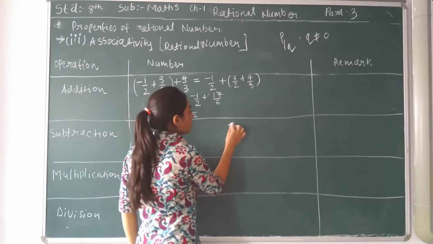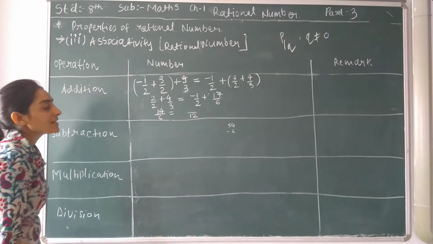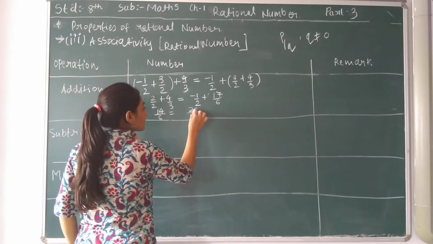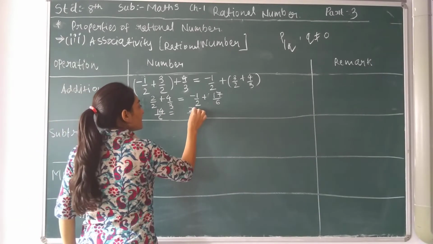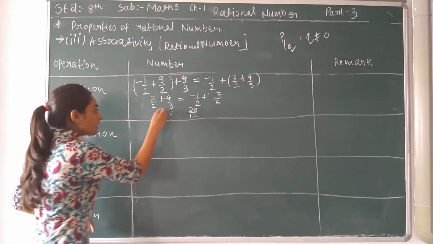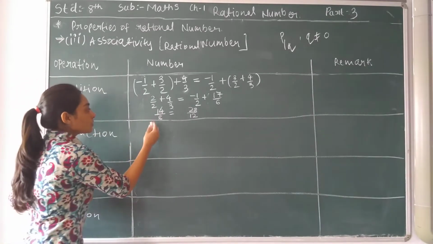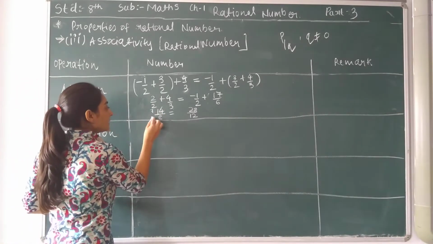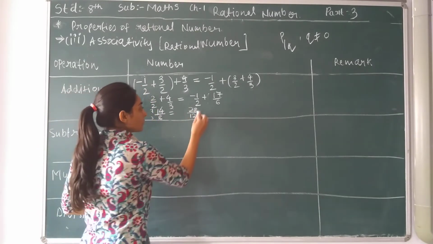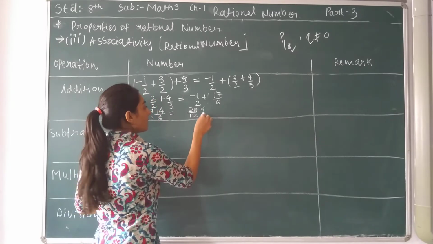So 34 minus 6, 28. What remains? 28. Now subtract. So what remains over here? 7 and 3. Again I am doing with the 2. 14 twos are 28, 6 twos are. Again I am cutting down.